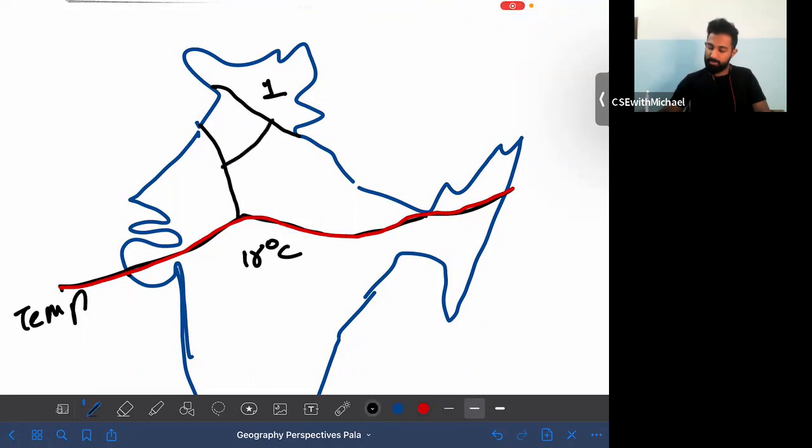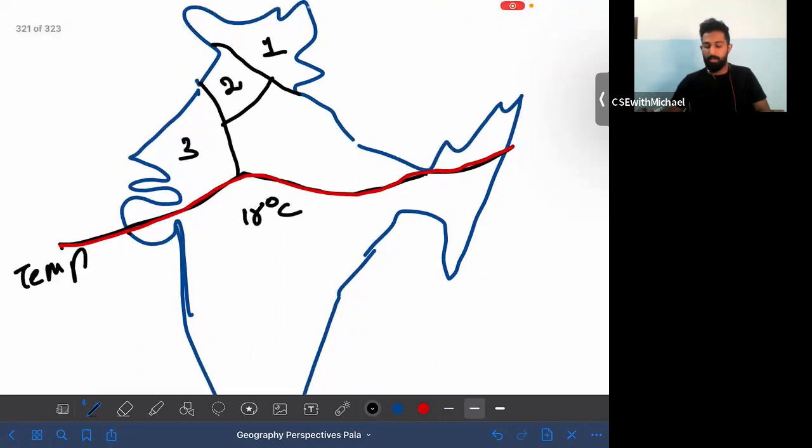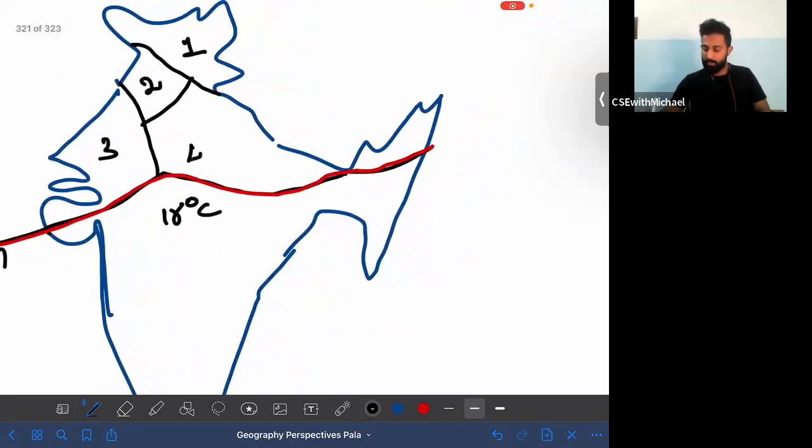This small region is the second region, which is a semi-arid region, and the third one is an arid region. Now we have the fourth region here, the region of moderate rainfall. Then you have the fifth region, of more rainfall, known as a transition zone from an arid to a more rainfall region.